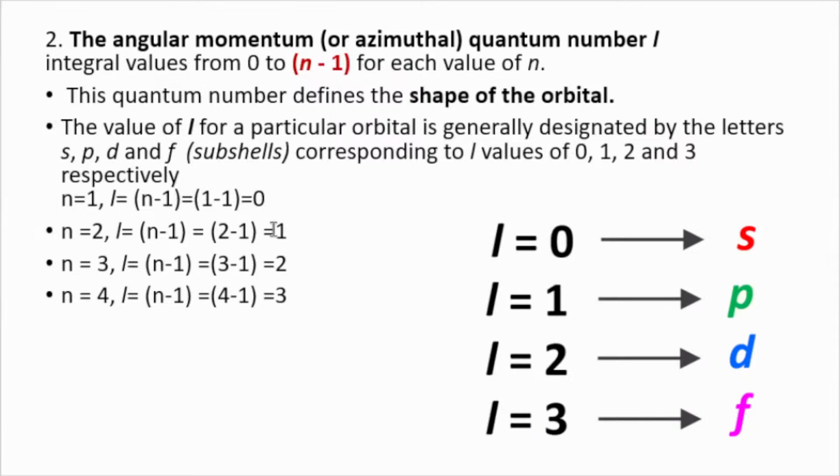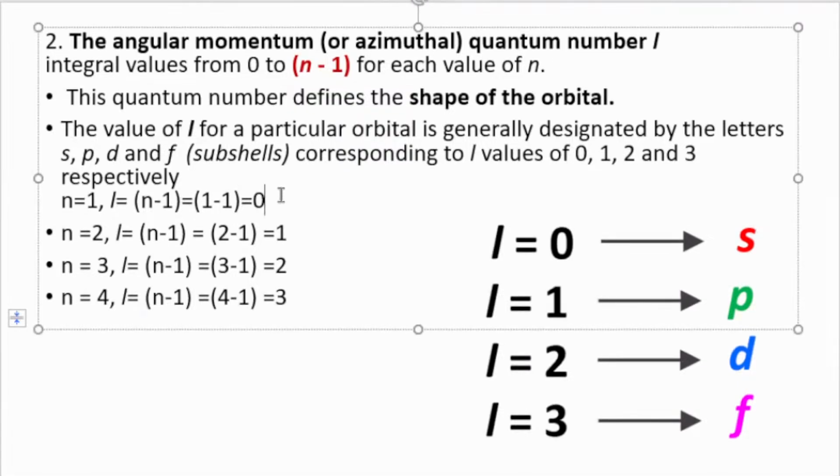L is from 0 to n minus 1. When we take the orbitals, you can see it only has 1. If it is 1, this has 2. That means the integral values from 0 to n minus 1. Did you get it?